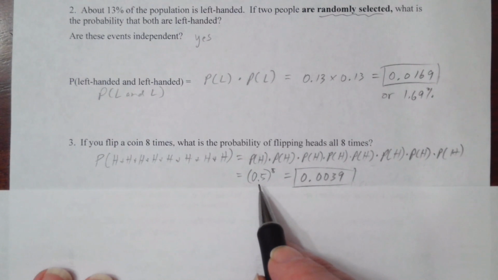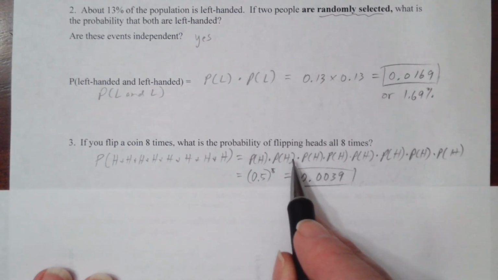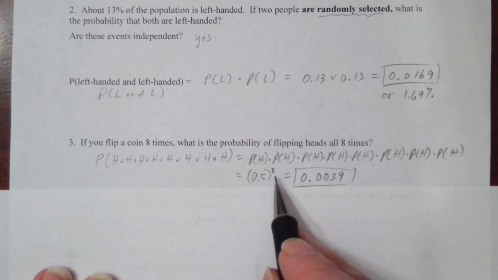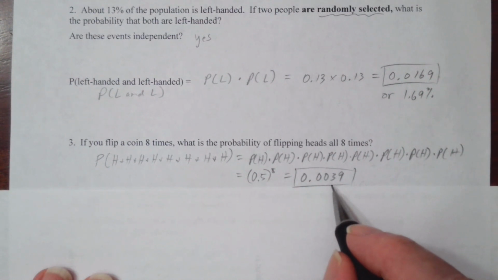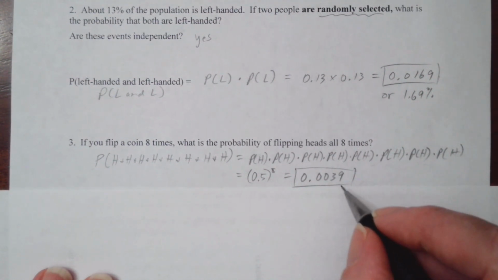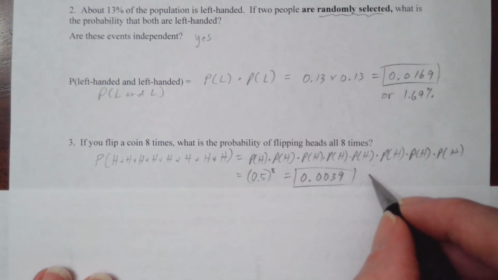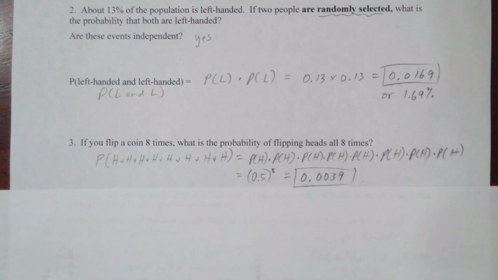Because half the time you would get a head, half the time you get a tail. And since there's 8 of these products, we would take it to the 8th power and we get 0.0039. Actually, we would definitely write that one as a decimal. All right, so let's move on to the next concept here.